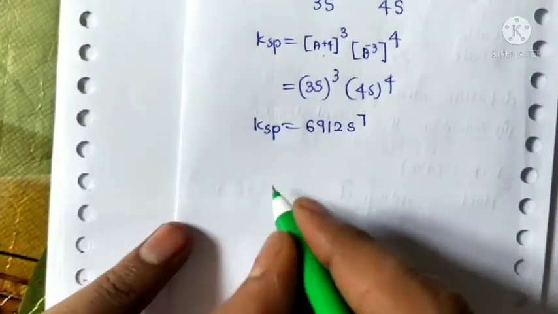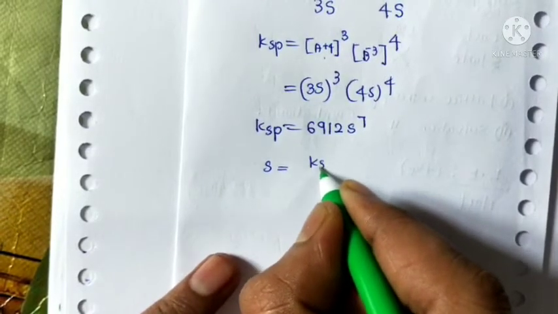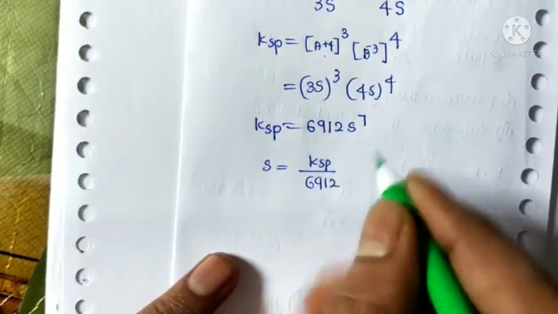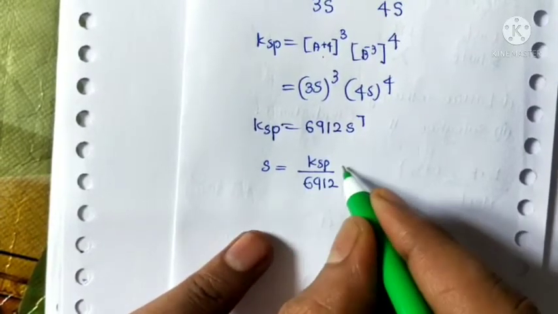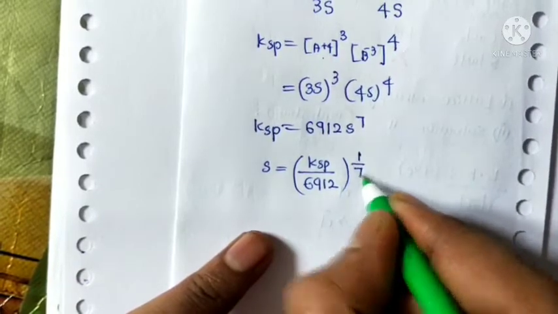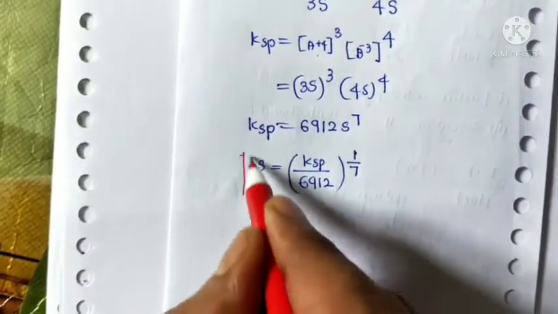So from this, the solubility of this type of salt is KSP divided by 6912 whole to the power of 1 by 7. Which type of salt? A3B4.